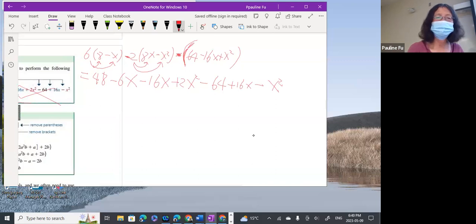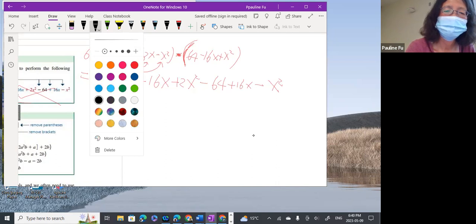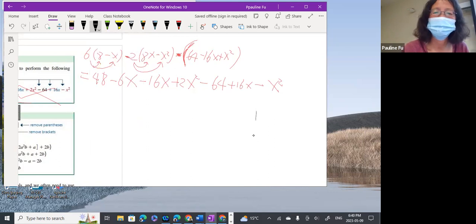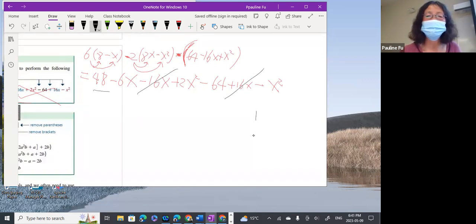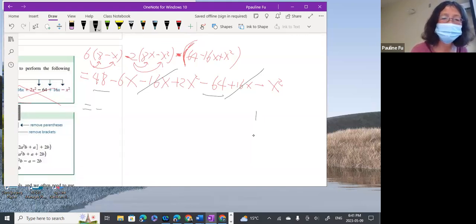Okay. And then you have some cancellation. Positive 16x and negative 16x cancel out. And you collect like terms. 48 and negative 64 are the like terms. So negative 16. And then you copy down negative 6x here.